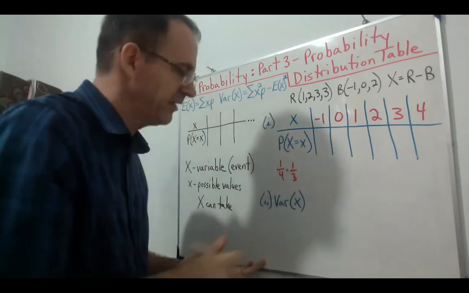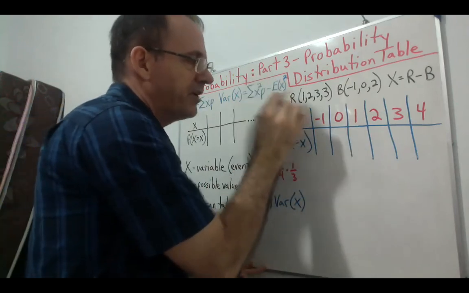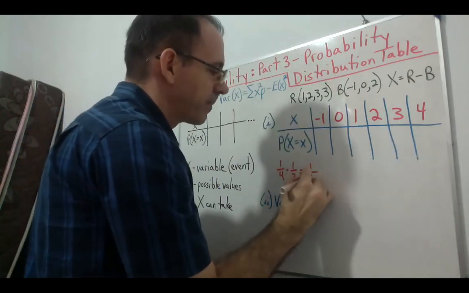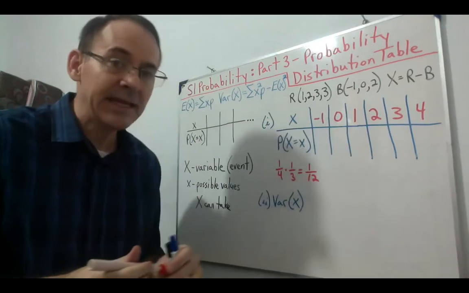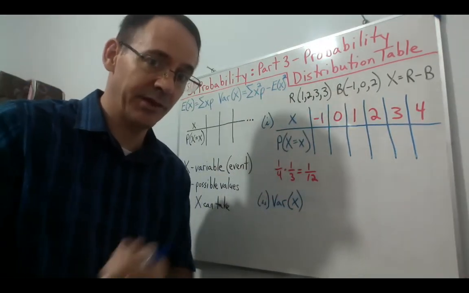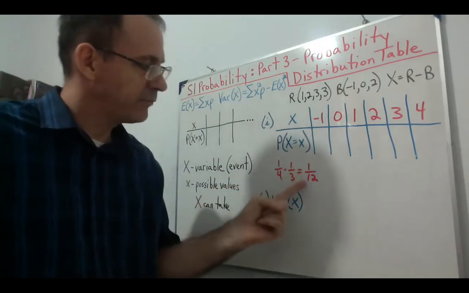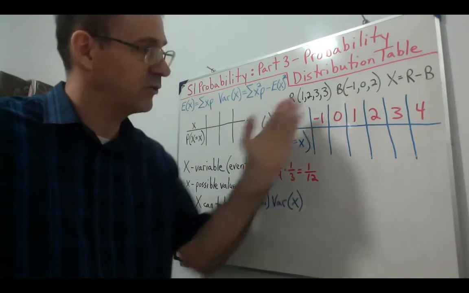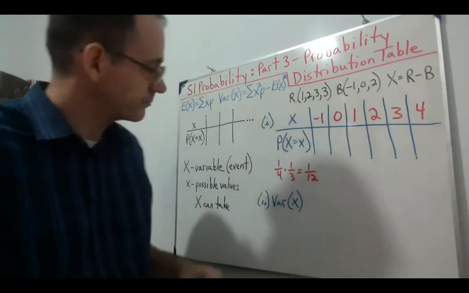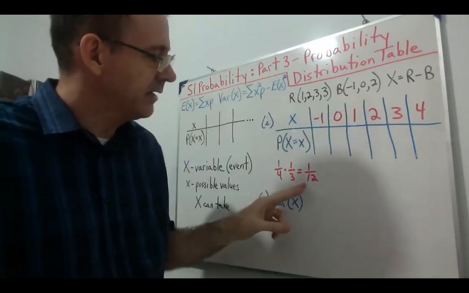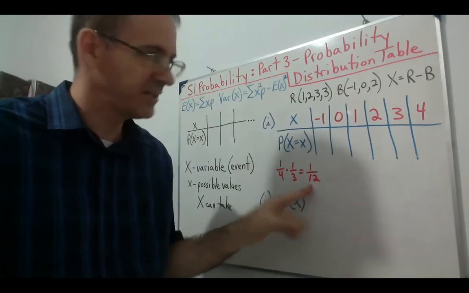So that means that for a particular red and a particular blue, that's going to give us a 1 out of 12, meaning there are 12 different combinations that we can come up with. So what I'm looking for is, what is our denominator going to be when we're dealing with this many items? So 1 out of 4 times 1 out of 3 means there's 12 combinations that we need to come up with.